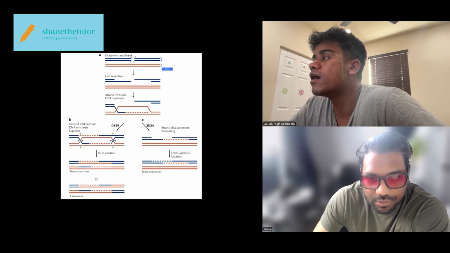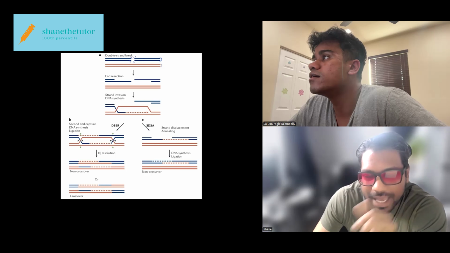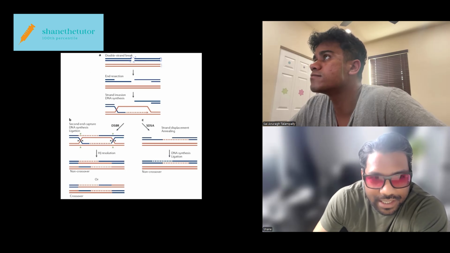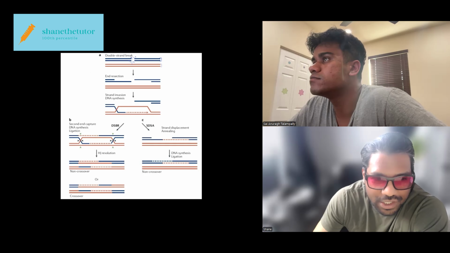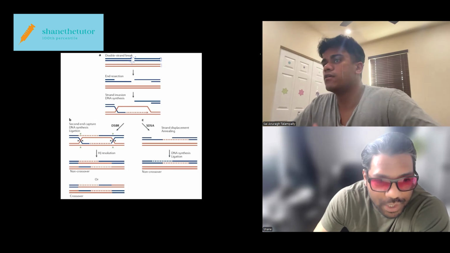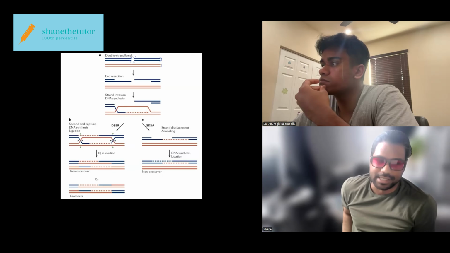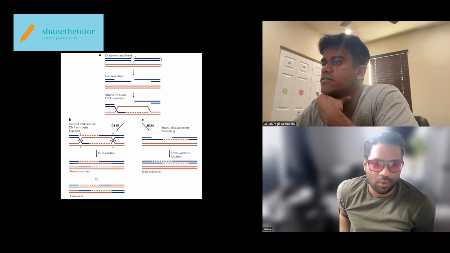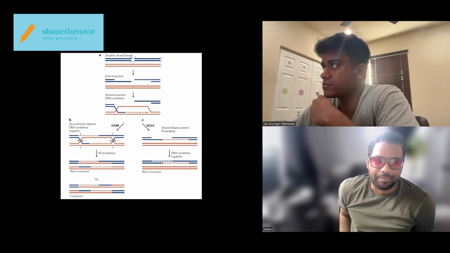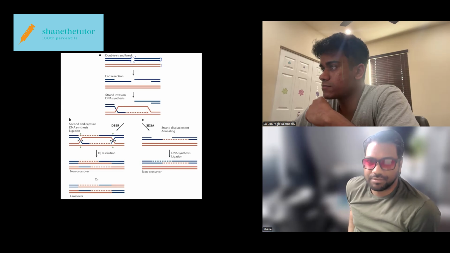And this red one here is like the dark gray one from the passage. You can see there's a double strand break here, and then you have the ends resected. Then you have your strand invasion: the red strand starts to invade the region of the blue strand, and the blue strand is also entering the region of the red strand. So this is exactly what that figure was showing us.